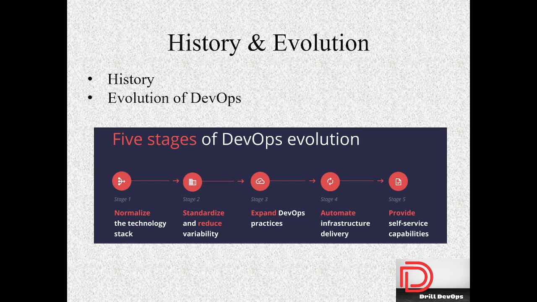And in the second phase, it started standardizing and reducing the variability. Variability in the sense, if you consider infrastructure, there could be a variation between development environment, staging environment, and production environment. This changing environment should not happen between the infrastructures. It should not pollute the infrastructure. All the environments should be identical and should be maintained without any variations.